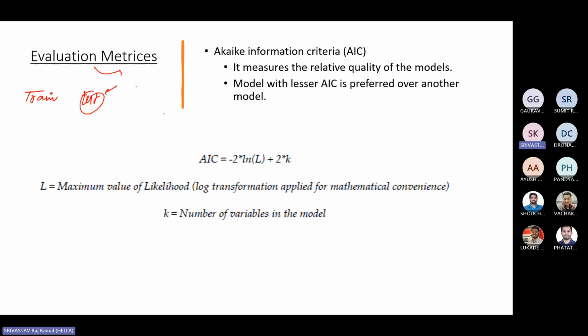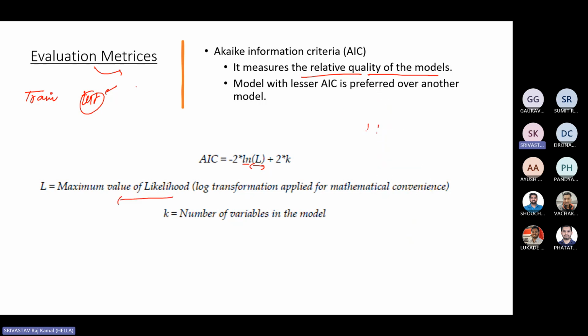But there comes one more very important metric, which is known as AIC, Akaike information criteria. It measures the relative quality of the model. We will not go into how it comes about. ln is the natural log, so log of L was the likelihood function which we saw.